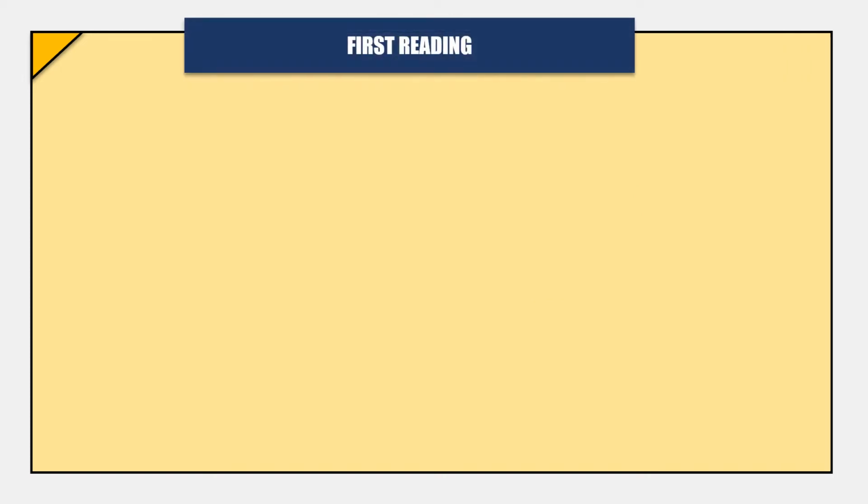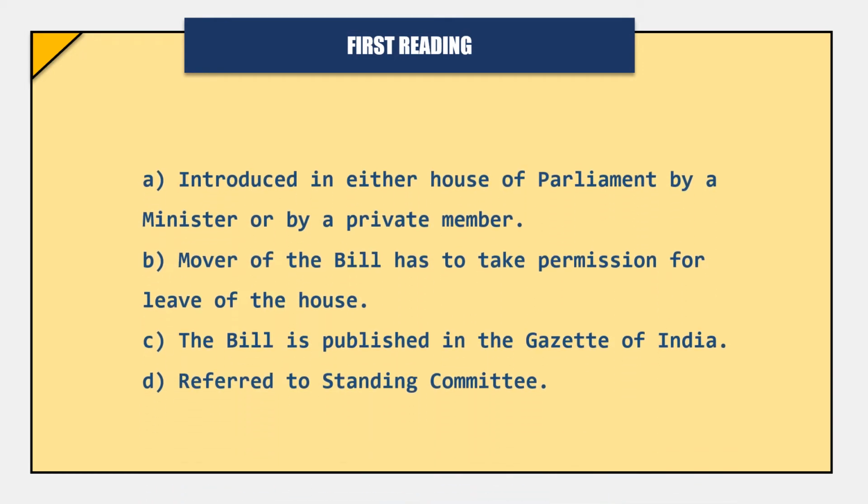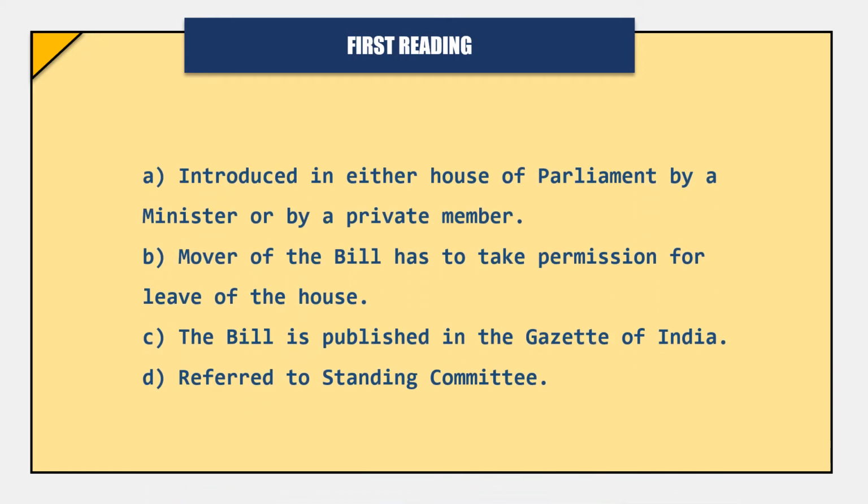First reading. A. The bill is introduced in either House of Parliament by a minister or by a private member. B. The mover of the bill has to take permission for leave of the House from the chair to introduce the bill.